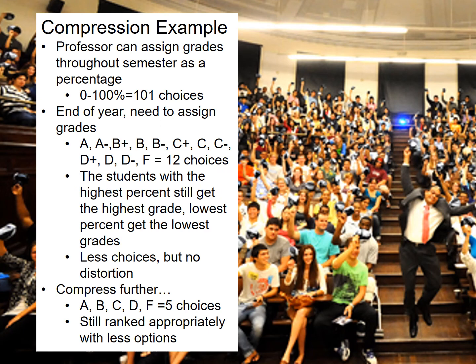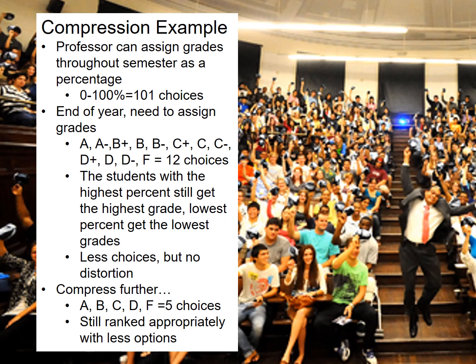So here's an example of compression. When you are in class and getting your grades throughout the semester, oftentimes you are getting some sort of percentage out of 100. So our choices are from 0 to 100. That's 101 choices. At the end of the year, though, I assign you a grade on our scale of F to A. In conventional grading, that gives us 12 choices.